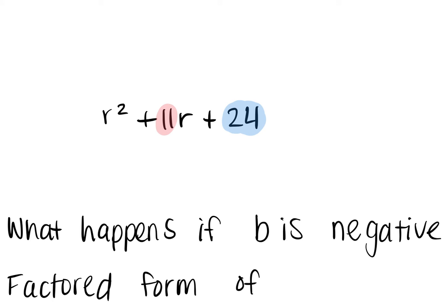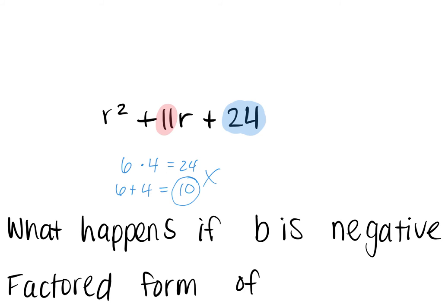If you can't think of it, let's think of all the multiples that multiply together to give us 24. Give me two factors of 24. Anderson. 6 and 4. 6 times 4 is 24. What happens when we add 6 and 4 together? 10. Does 10 work with 11? No. So 6 and 4 are not the multiples.